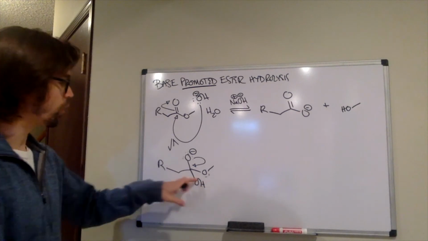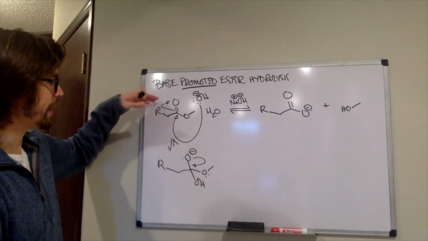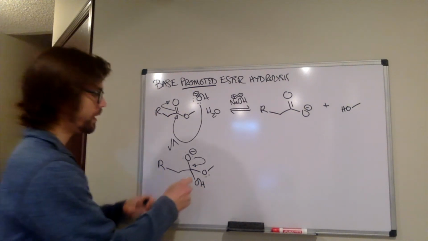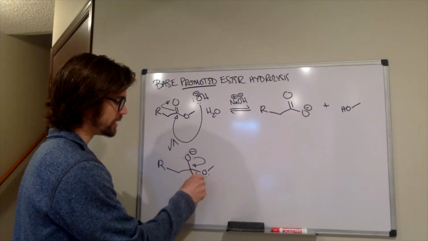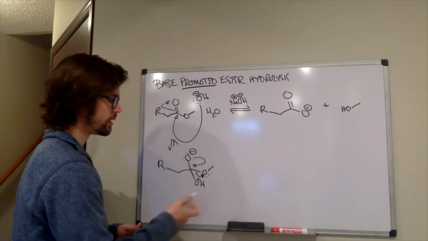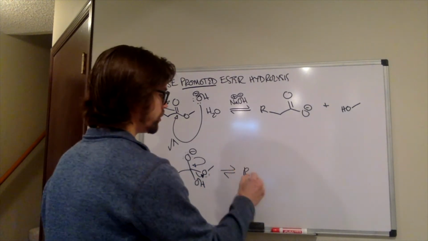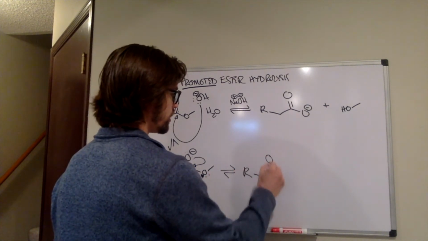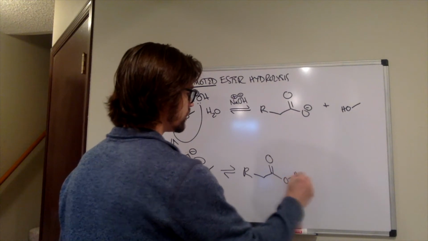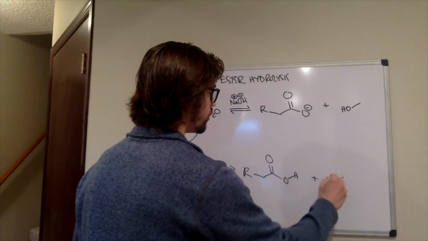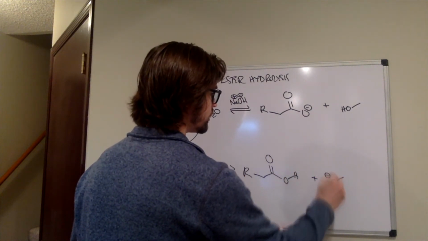So if this OH is what leaves, that just takes us back to the starting materials. But if this OCH3 leaves, that progresses us forward to a carboxylic acid and OCH3 minus.